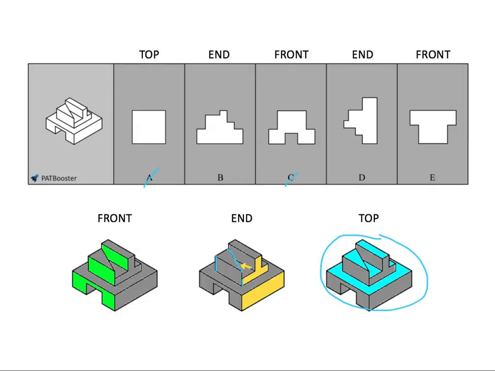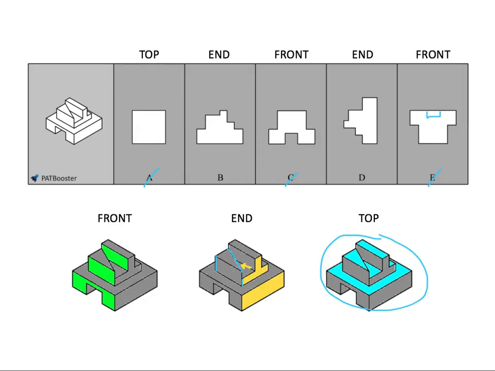E would be if we didn't have rule number 4, and that tunnel might end halfway through the shape. But we know the tunnel has to extend. There has to be some opening here, and so E is ruled out as well. So we're left with looking at our most complicated view, the end view. And so we're going to look very closely at how these shapes interact with each other.